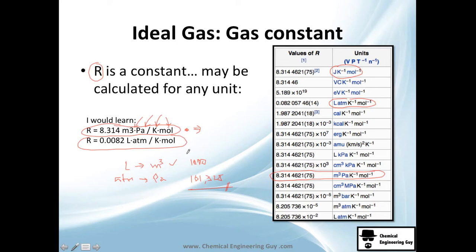And if you're using English units, I recommend converting these to English units or learning them. Right here I don't have it, but I think it's 6 point something, cubic feet, using PSI, Rankine, pound-mole, something like that.